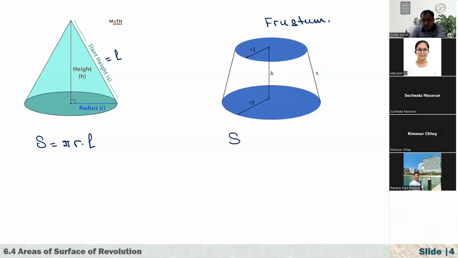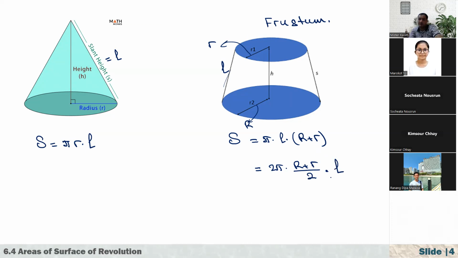The curved surface area of this frustum is equal to pi times the slant height, this one, L, times R plus r. Capital R is the radius of the base, and the top is lowercase r. Also I can rewrite it as 2 pi times (R plus r) over 2, times L.